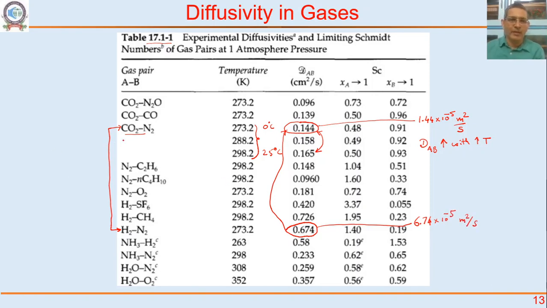Compare. CO2 diffusion in nitrogen, diffusivity is 1.44 times 10 raised to minus 5 meters square per second. Hydrogen diffusivity in nitrogen is 6.74 times 10 raised to minus 5. Right? Hydrogen diffuses much faster, maybe something like 4.5 times faster.